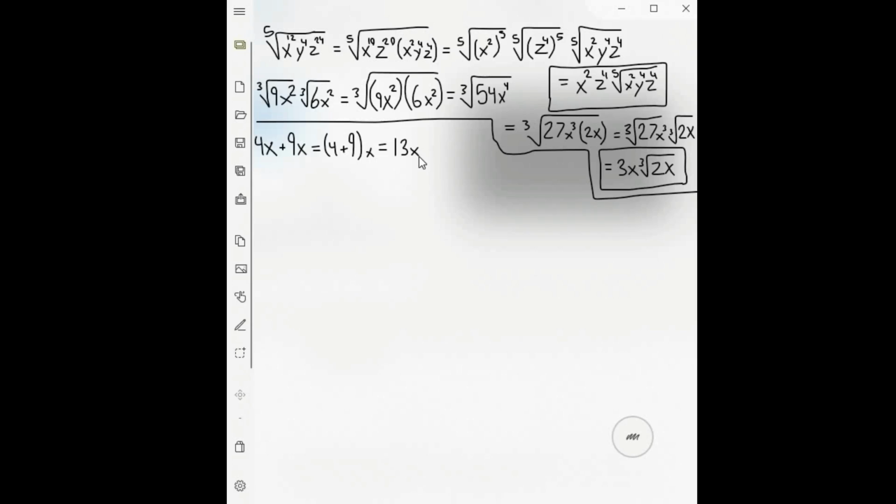We add the 4 and the 9 together, and we end up with 13x. With 3x minus 11x, we'll do the exact same thing. So we'll have 3 minus 11, and we'll multiply that by x. We'll subtract 11 from 3, so we'll end up with minus 8.